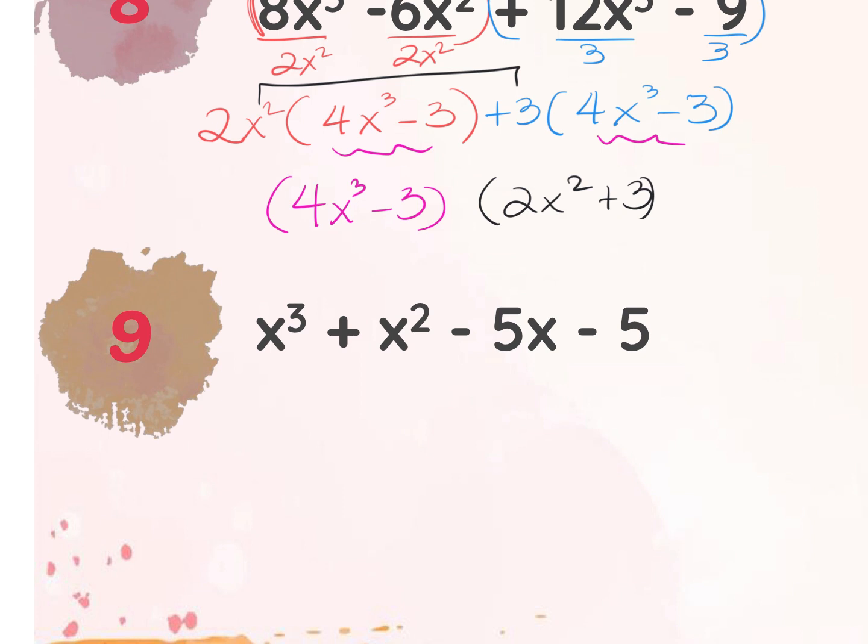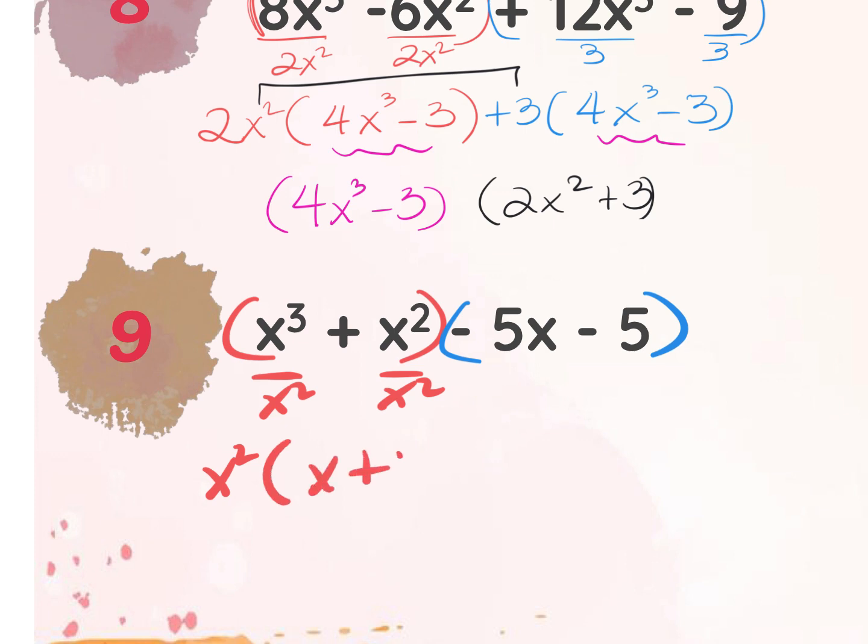So again, red group, blue group. My greatest common factor of the red group is going to be x squared. Write down the GCF, divide it, and now I need to look for a GCF of blue. Now, watch what's going to happen. At first glance, you might say, oh, I'm going to pull out a positive 5.